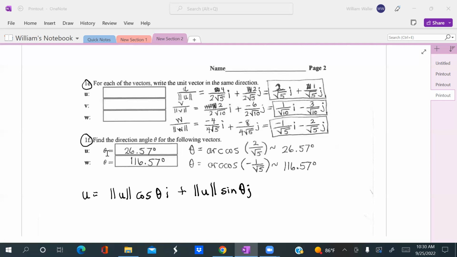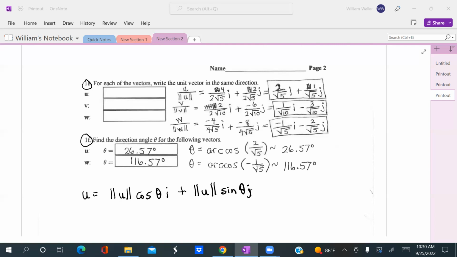So let's find the direction of the vector u. And remember, the formula that you want to recall, which might be something you want to write down on your survival card, is that any vector can be put in this standard form, which is the magnitude of the vector times the cosine of the direction angle times i, plus the magnitude of the vector times the sine of the direction angle times j.